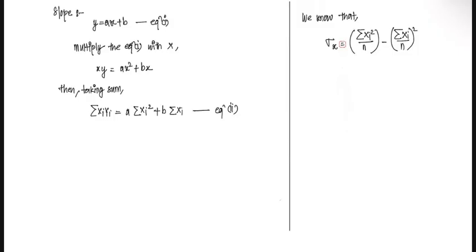This is nothing but sum of xi squared by n minus x bar whole square. So taking xi on the LHS side and moving all things to the RHS, we get this.